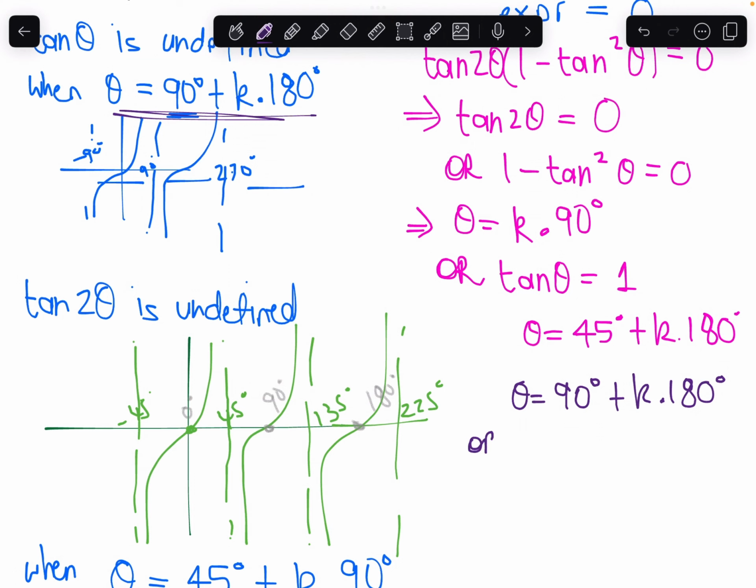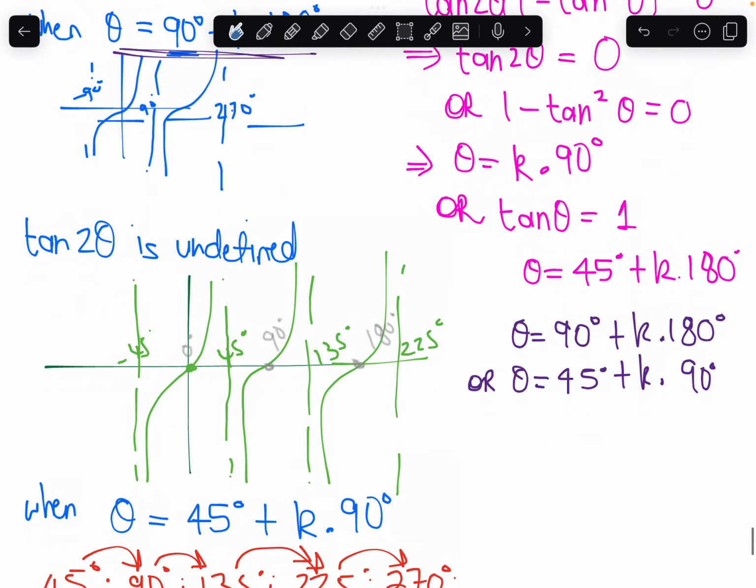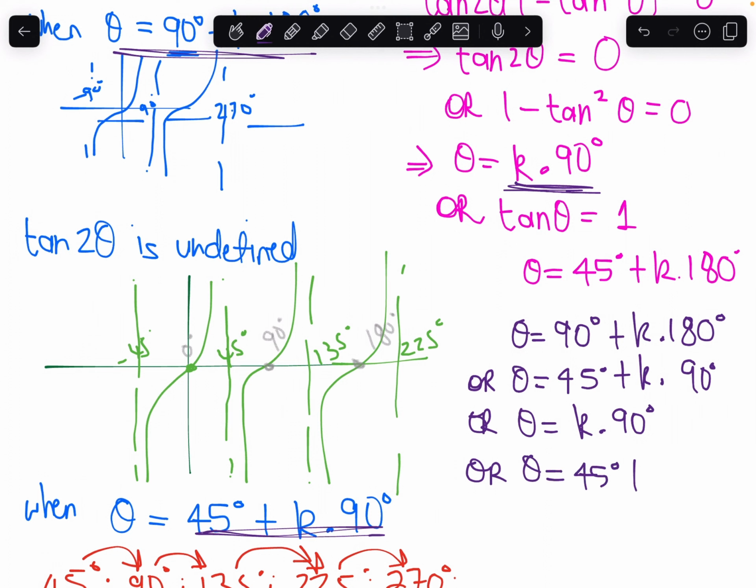We have theta is equal to 45 degrees plus k 90, which is coming from here. We have theta is equal to k 90, which is coming from here. And then lastly, we have theta is 45 degrees plus k 180, which is coming from here.